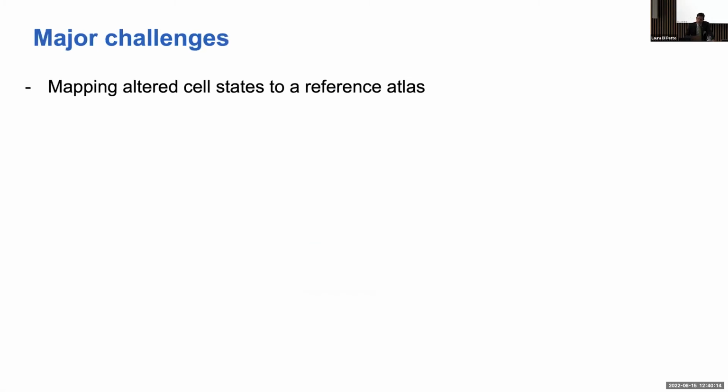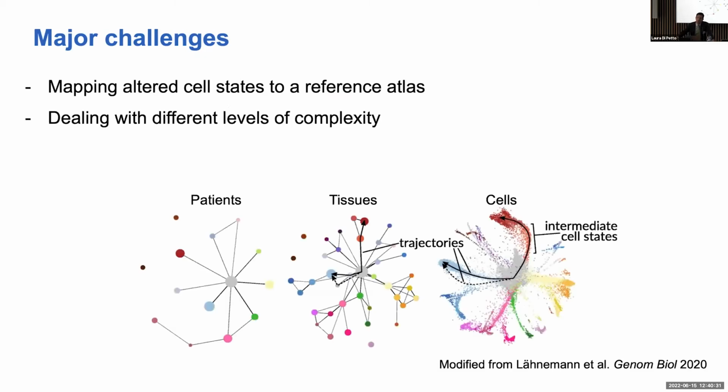Also in this case, there are some challenges. First of all, you have to have a reference atlas to map these different cell types, particularly these damaged cell types. It's not something that you can find in the normal tissue, so it's difficult to get this information. And obviously we are dealing with different levels of complexity.